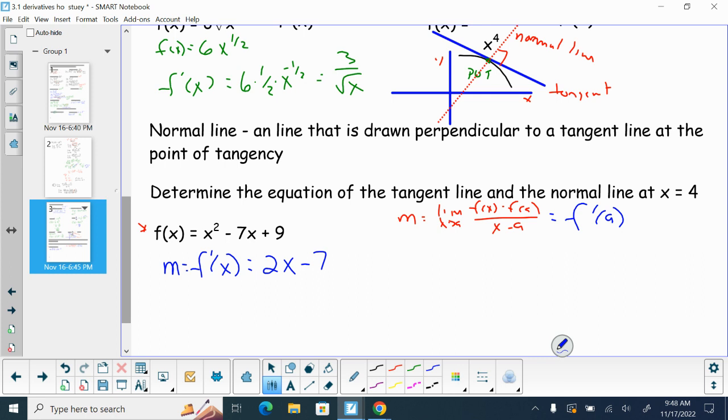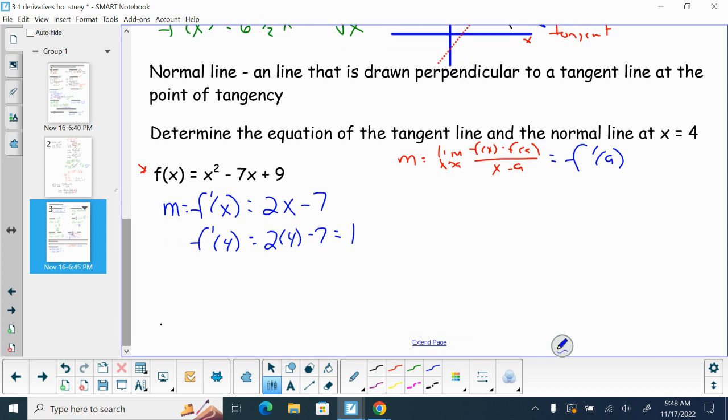To find the slope of our tangent line, I can find the value of my derivative at 4, which is 2 times 4 minus 7, which is 1. This is the slope of our tangent line.